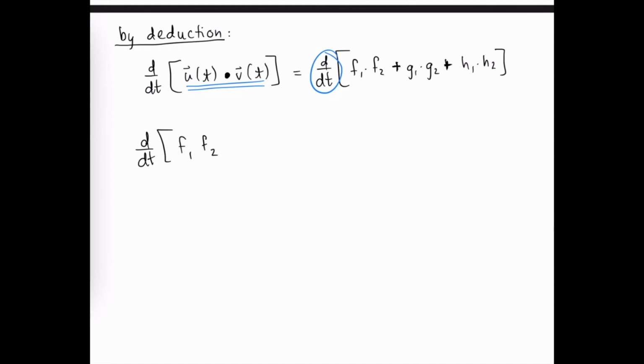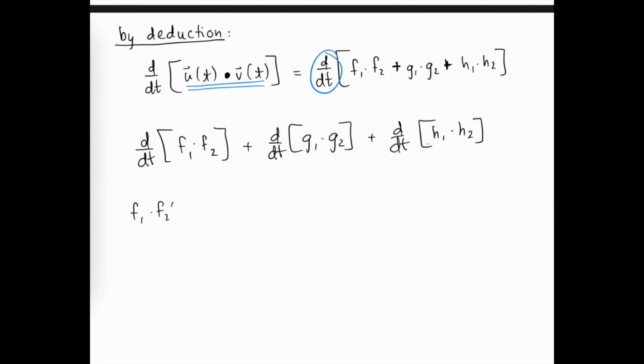So we'll say derivative of that first product plus the derivative of the second product plus the derivative of the third product. And now to differentiate these scalar products, we're going to use that single variable calculus product rule that we are very familiar with. So this derivative is going to be the first times the derivative of the second plus the derivative of the first times the second. And that gives me the derivative of my f1 times f2 scalar function.